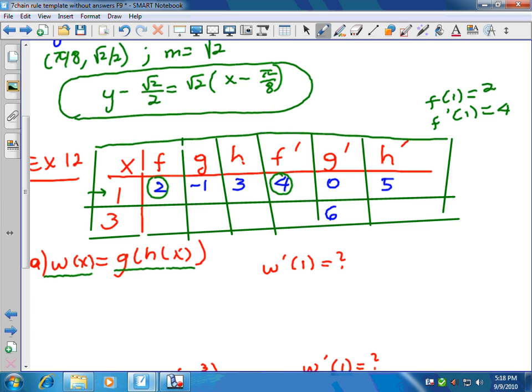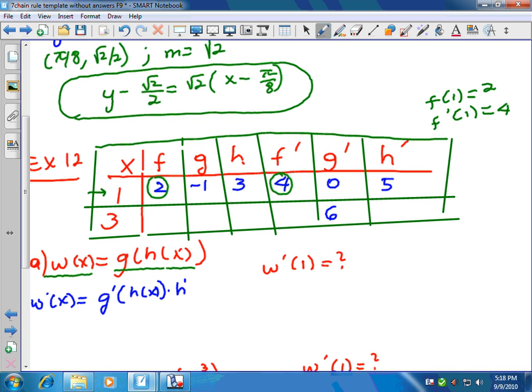If you said chain rule, you were correct because you have one function nestled within another, right? And the chain rule tells us that to find the derivative of this function, we first need to differentiate the outside function, leaving the inside the same, and then multiply everything with what?